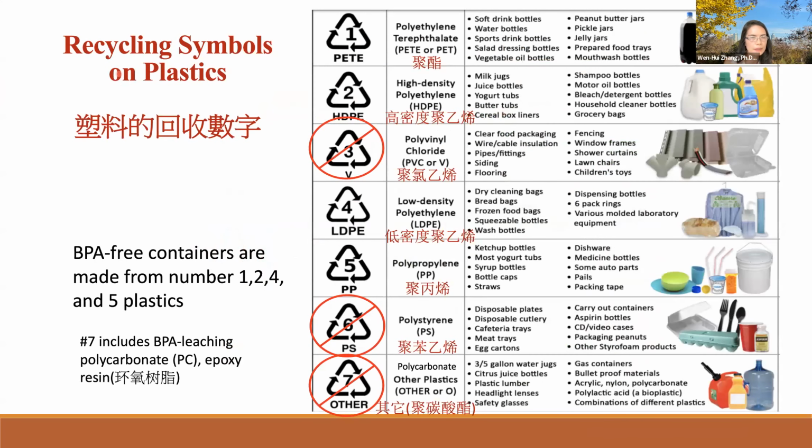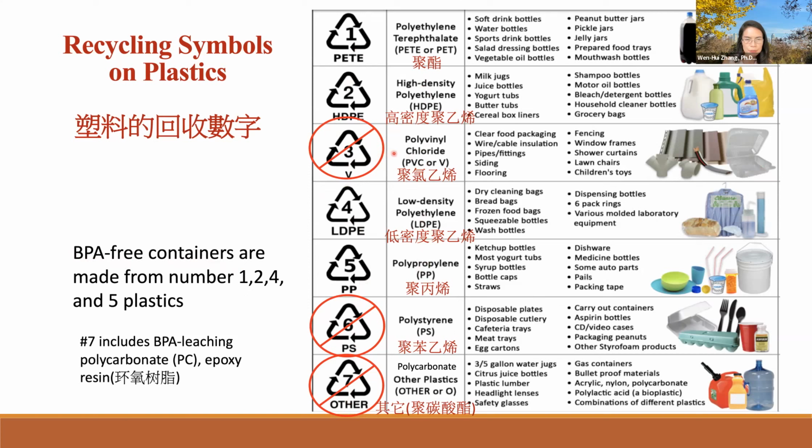So we need to pay attention to recycling symbols on plastics that are different numbers, usually on the bottom of the plastic containers. So there are different numbers, 1, 2, 3, 4, 5, 6, 7. Now BPA-free containers are made from 1, 2, 4, 5 plastics.